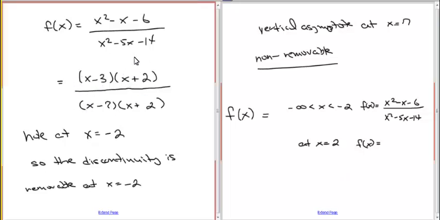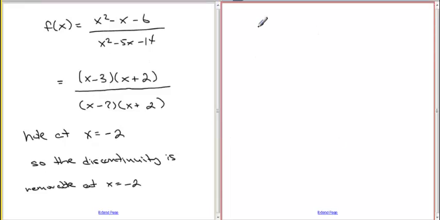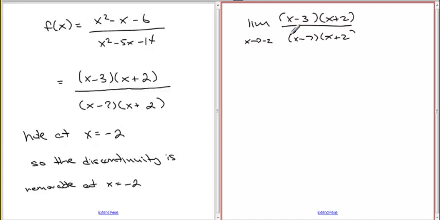So let me go ahead and add a page. I don't specifically ask for it, but if I said, what is the limit as x approaches negative 2 of this original expression? Since I'm doing limits, I can cancel that out, and then I can just plug in negative 2.